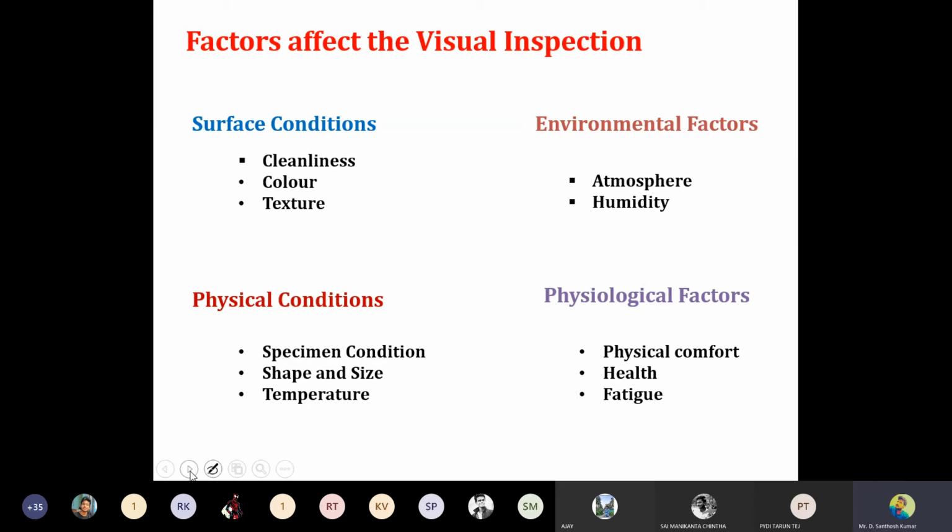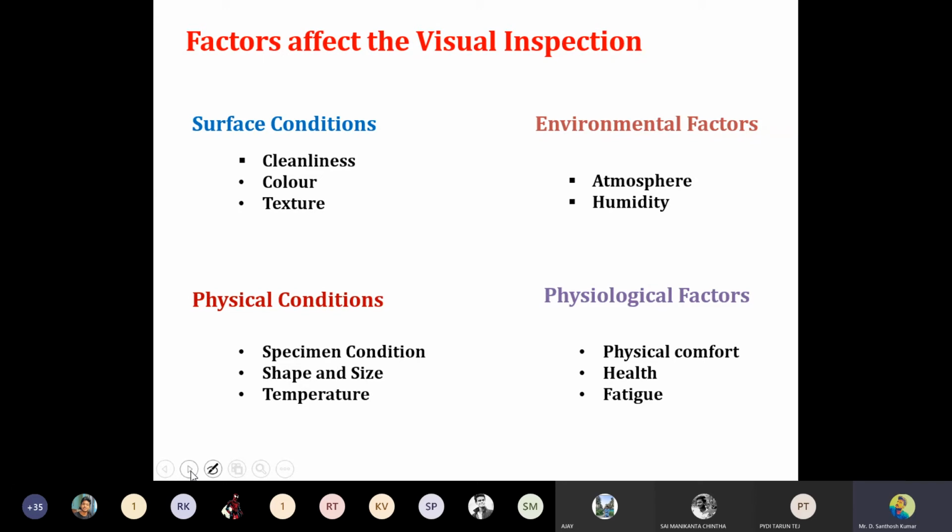Also environmental factors, that is the atmosphere as well as the humidity. These two will also affect the visual inspection method. And the final, very important thing is the psychological factor. For those who are inspecting, you have to consider the inspector's psychological factors, whether they are physically comfortable or not, as well as the inspector's health condition. Another thing you have to check is fatigue, because some inspectors work around the clock.